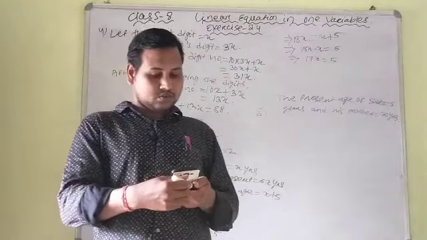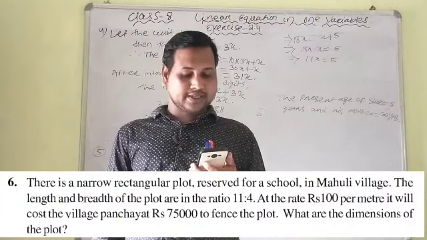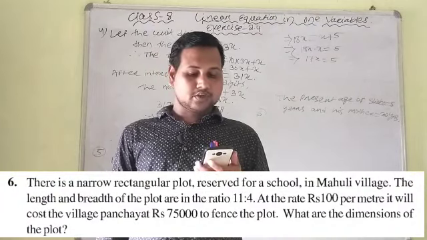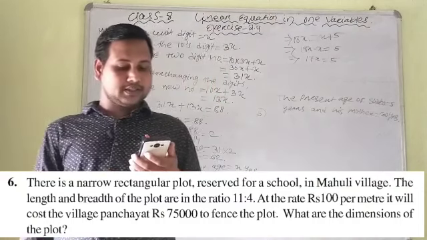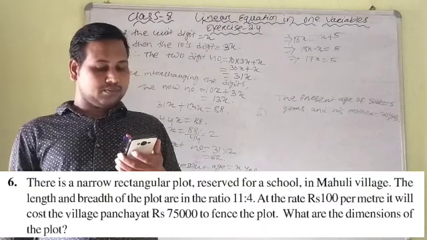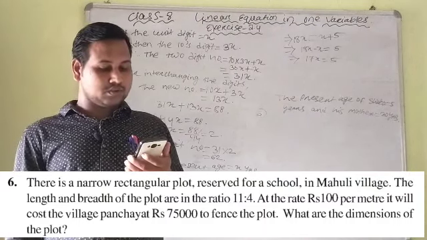Now we will discuss question number 6. There is a narrow rectangular plot reserved for a school in Mogali village. The length and breadth of the whole plot are in the ratio 11:4.